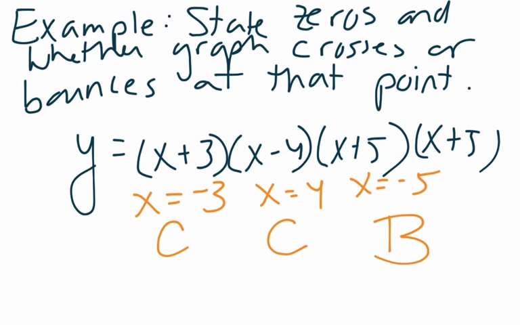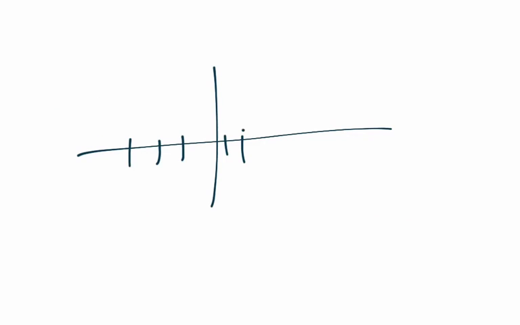So if you were to graph this, we have 1, 2, 3, 1, 2, 3, 4. Okay, so we're not totally sure what the graph is doing per se, but we do know that at x equals negative 3, it's going to cross through the x-axis.